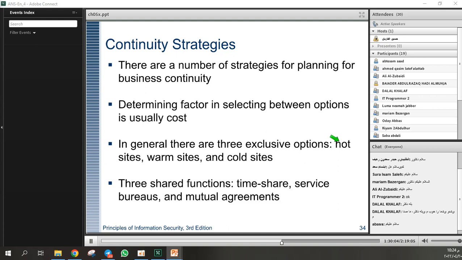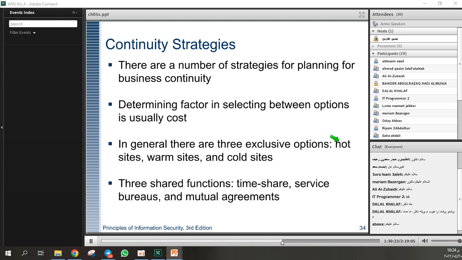When we are using a hot site, it means that I have a secondary site completely similar to my main site. Completely.